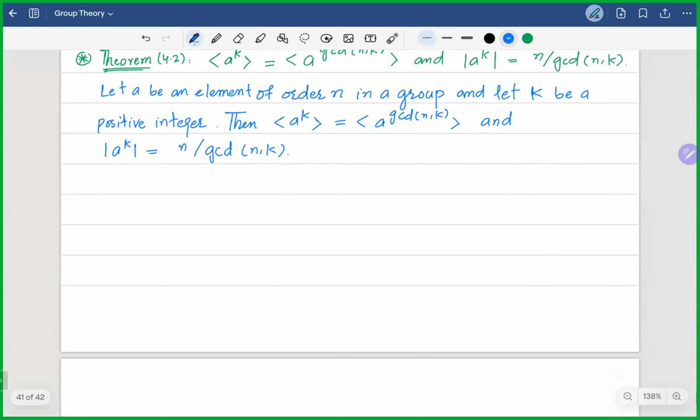Now we will prove this. To prove this theorem, we first simplify the notation.